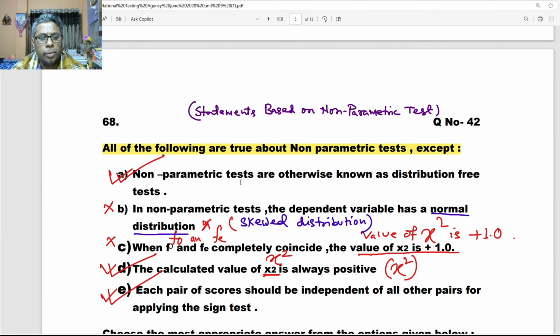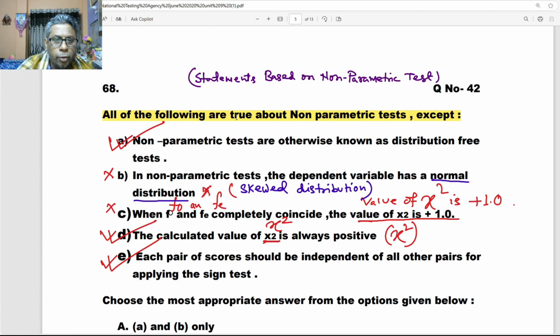The question is based on non-parametric tests. All of the following are true about non-parametric tests except A, D, E. These 3 statements are right. Non-parametric tests are otherwise known as distribution-free tests. This is true.